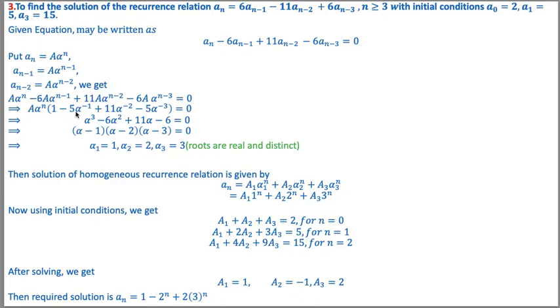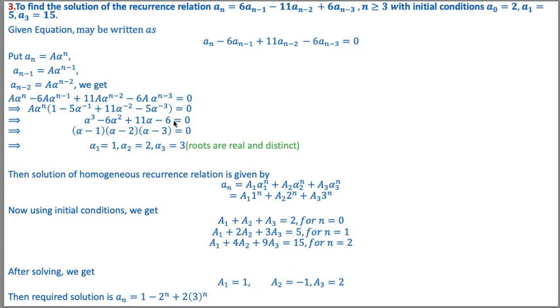If we multiply this equation by alpha cube, we get alpha cube minus 6 alpha square plus 11 alpha minus 6 equal to 0. Because a alpha n cannot be 0, this term is equal to 0, and on multiplying it by alpha raised to power minus 3, we get this equation.